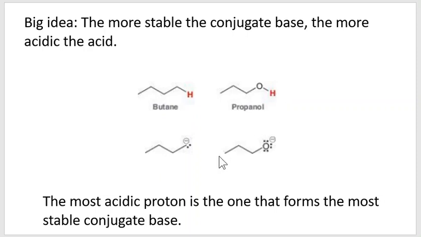And so we wind up with the conjugate bases shown below the two compounds. When a negative charge is on a more electronegative element, that's more stable than when it's on a less electronegative element. And so this would be the more stable conjugate base, which means that propanol has the most acidic proton.